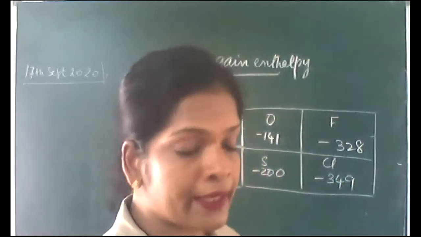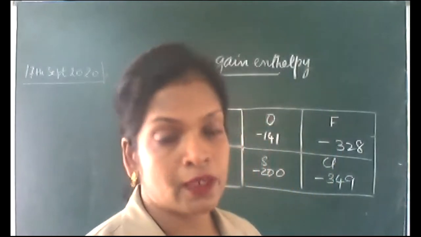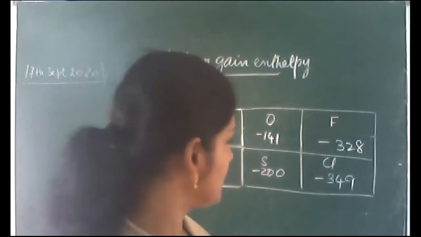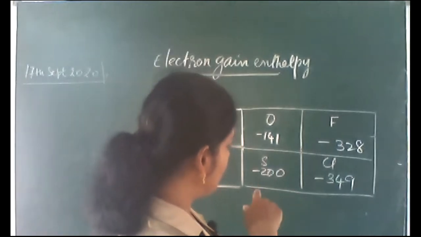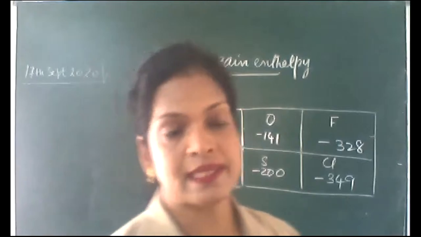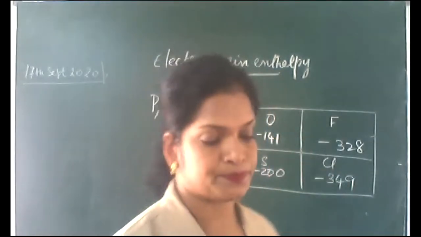Generally you write in a group, it is less negative. In a group, these are the special cases. Sulfur and chlorine, these are the exceptional cases. Means when we come to bromine, iodine, like that.